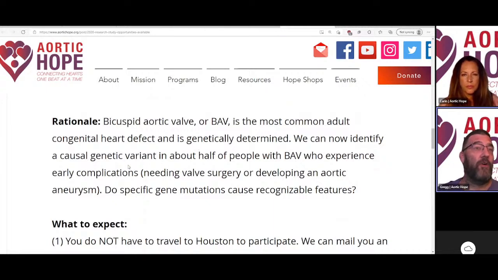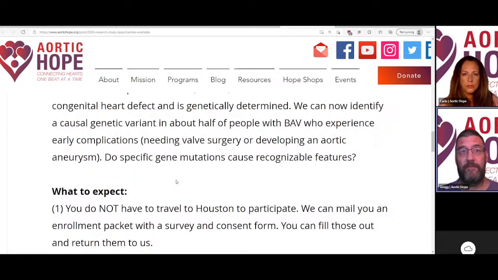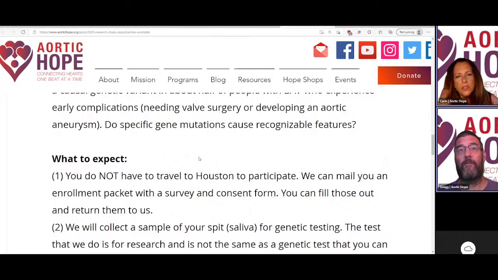They can now identify a causal genetic variant in about half the people with BAV who experience early complications, meaning they either needed valve surgery or developed an aortic aneurysm. And do specific gene mutations cause recognizable features? And let me say, did you hear Dr. Fisher mention that, because she is the head of their congenital heart disease or heart defect area?